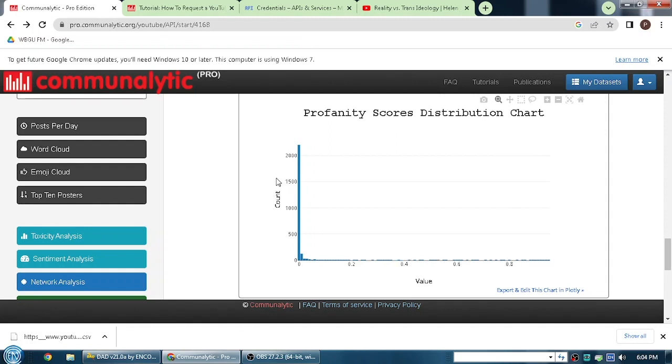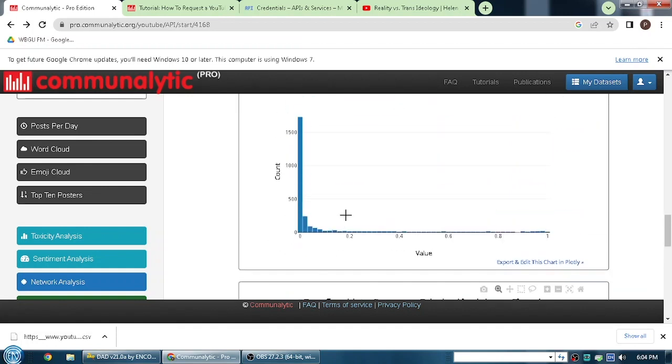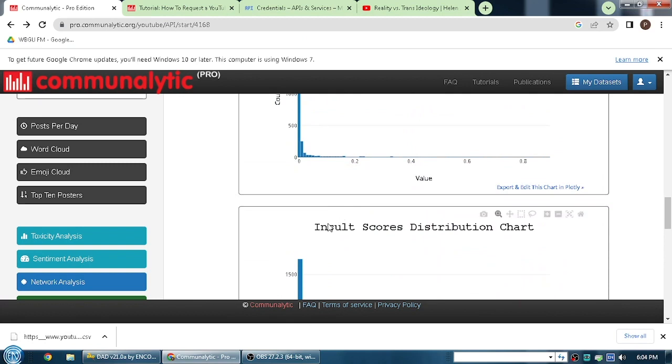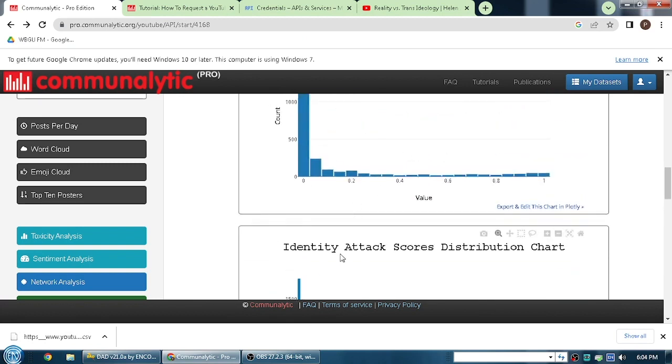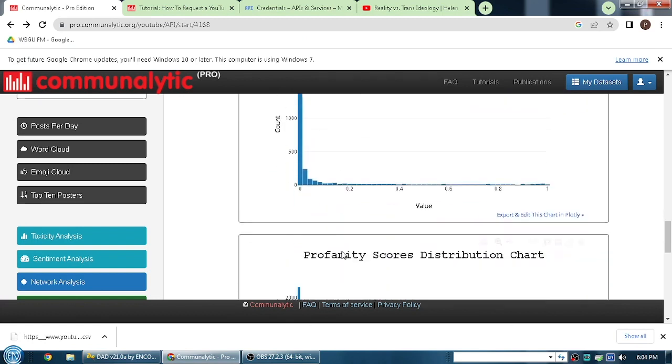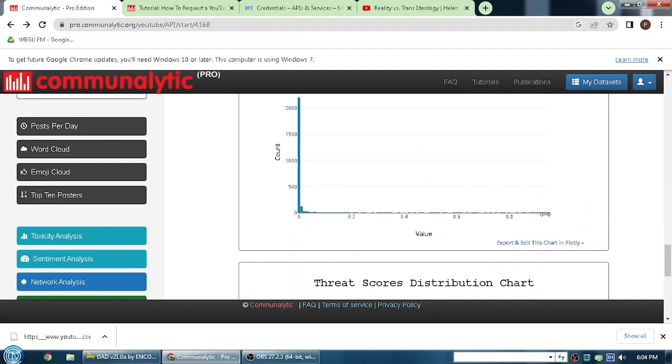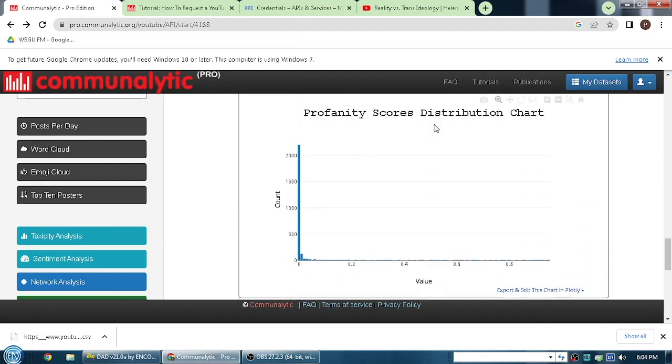So, would it be fair to say that if profanity scores are so low like this, that even the people that are choosing to comment and insult and attack identities are better educated because they're not using so much profanity? Again, I keep saying the word assumption.